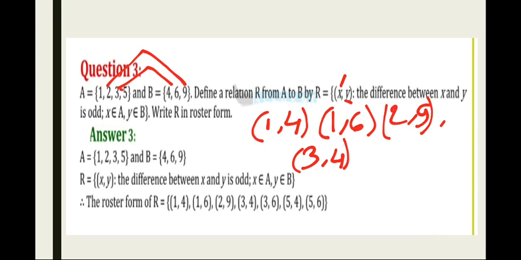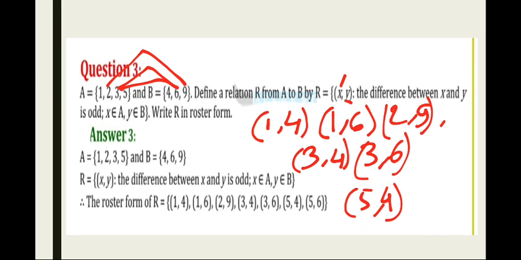Then 3, 6, the difference will be 3, which is an odd number. But you cannot take 3, 9, the difference between 3 and 9 is 6. And then you can take 5, 4, the difference is 1. 5, 6, the difference is 1. But you cannot take 5, 9 because the difference will be 4.